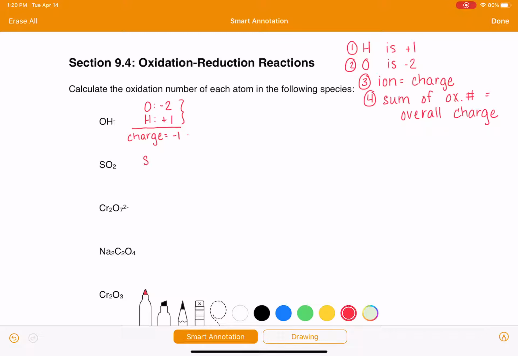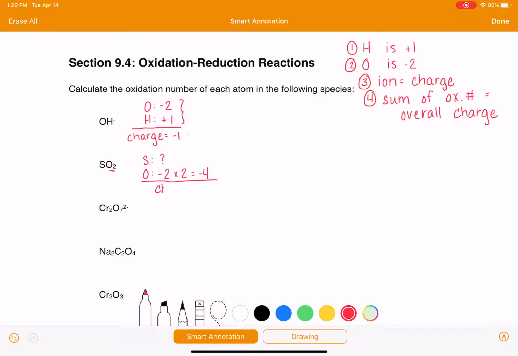We have sulfur and we have oxygen. We don't have a rule that instantly tells us what the oxidation number is on sulfur, so for now, we don't know what it is. For oxygen, we know that oxygen is -2, and that there are 2 oxygen atoms in this molecule. So altogether, the oxygen's total oxidation number is -4.